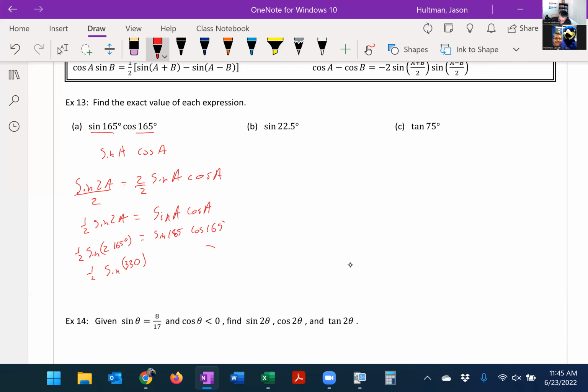Let's go back to the unit circle and think of where is 330? Well, it's 30 degrees under the x-axis. So my reference angle is a 30-degree angle. So the x value is going to be radical 3 over 2. But what's the y value? The y value is -1/2 because it's in the fourth quadrant. And so this is -1/2 times 1/2, which is -1/4.